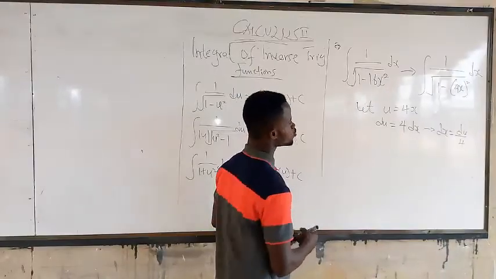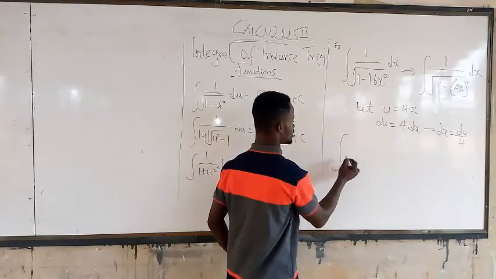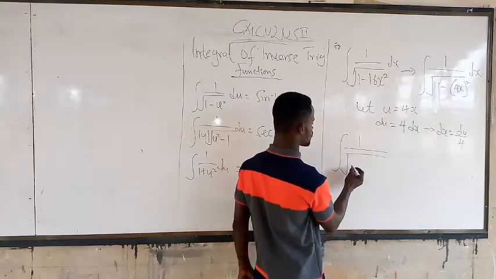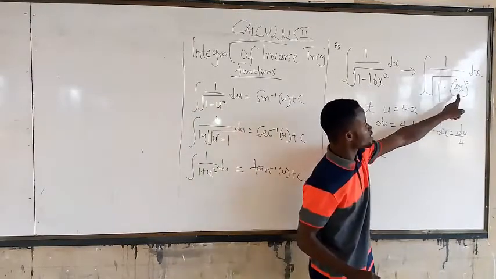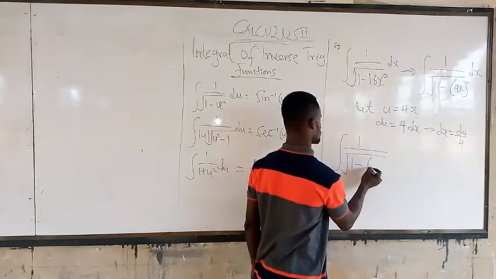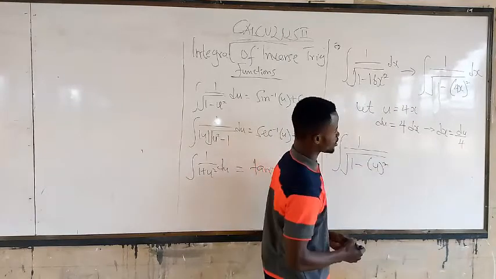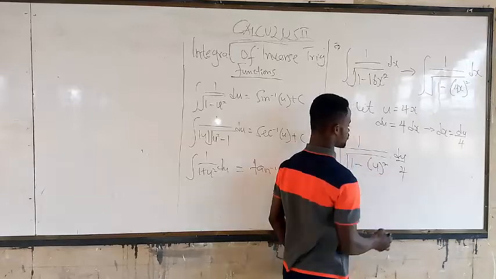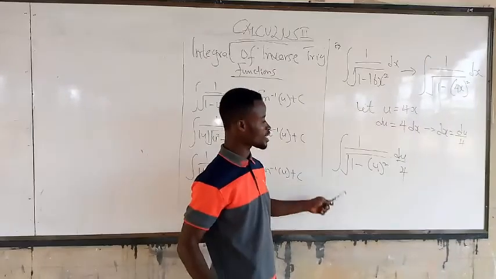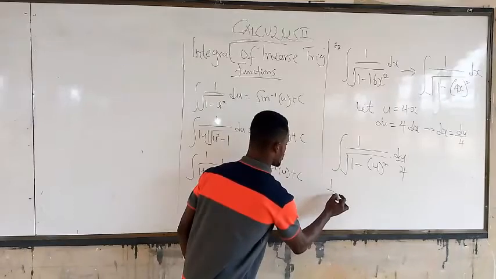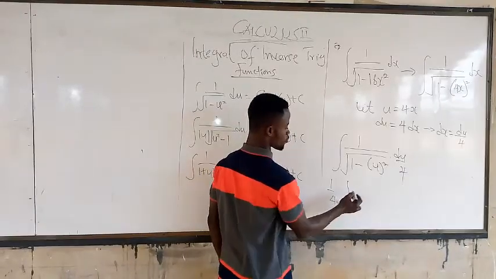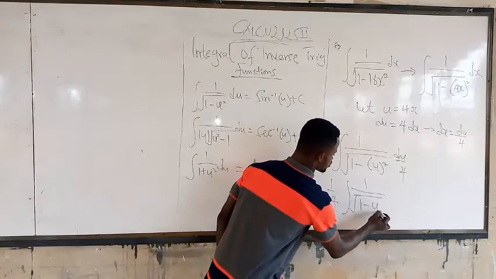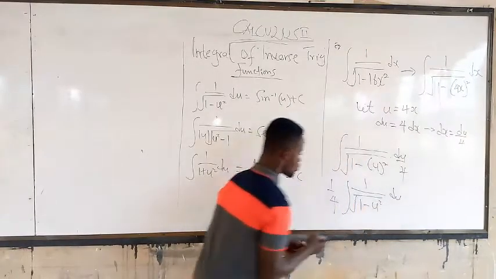Alright, so now by substitution, the integral of 1 over the square root of 1 minus u squared, and ds is du over 4. Now the constant that we have here is 1 over 4, times the integral of 1 over the square root of 1 minus u squared du.